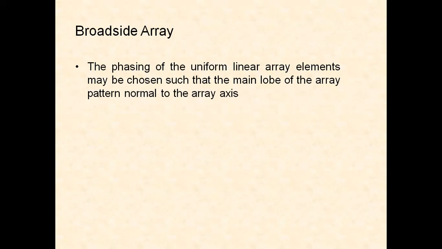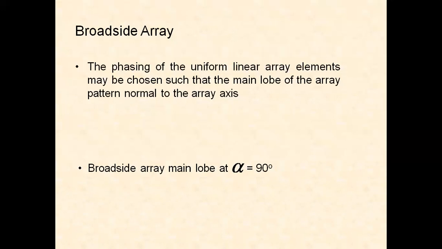So we have to consider that the facing of the uniform linear array elements may be chosen such that the main lobe of the array pattern is normal to the array axis. We have the broadside array main lobe at 90 degrees. 90 degrees means the perpendicular direction, perpendicular to the array axis. We are getting this radiation pattern. In a broadside array, individual elements are equally spaced along a line, and each element is fed with currents of equal magnitude, all in the same phase.